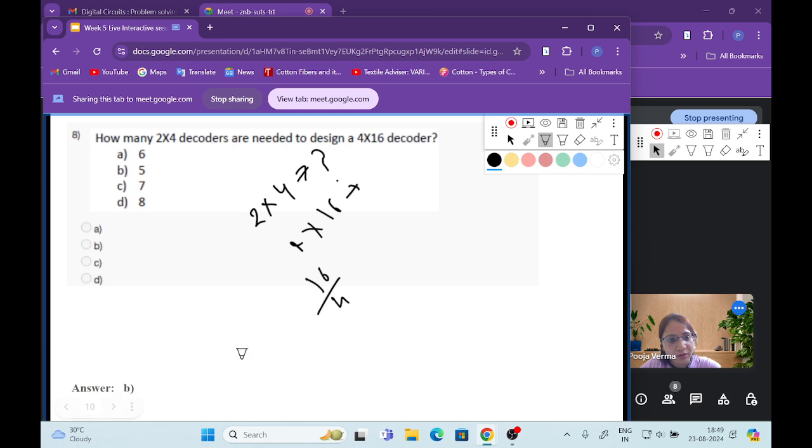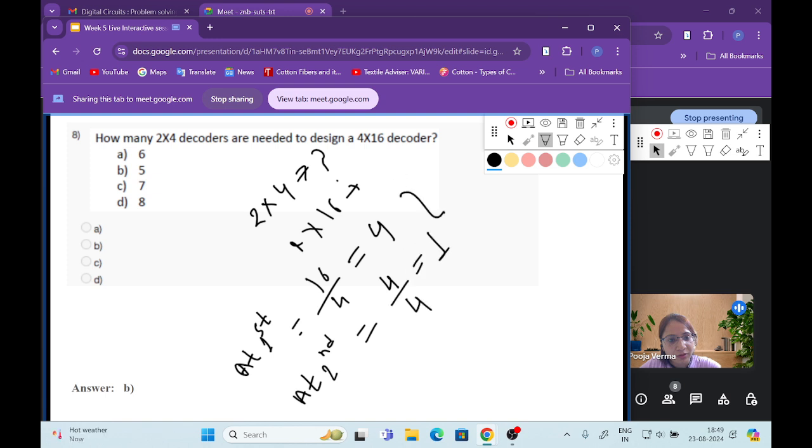So let's see, at the first stage, how many 2 into 4 decoders are required. That is 4, 2 into 4 decoders required. In the next stage, how many decoders are required? 4 divided by 4, so that will be 1.